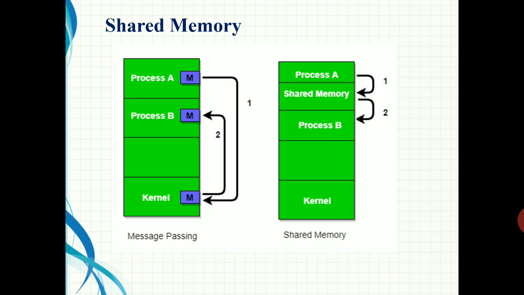So developing the code for reading and writing is the duty of the application programmer. But in the case of message passing, there is no need to write the code for reading and writing the shared memory. There is no shared memory. It is based on send and receive primitives.